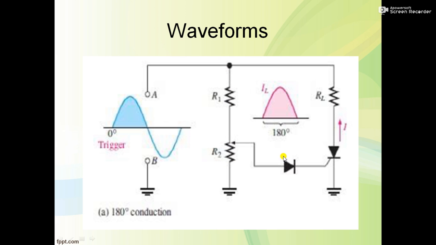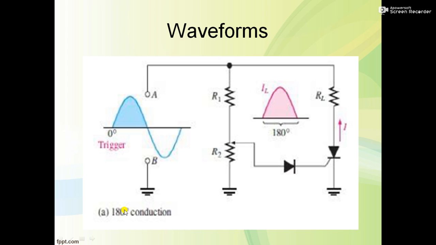When this diode becomes forward biased, there is some change in the gate current of the SCR when it is in the switch-on condition. At that time you will get this type of waveform.